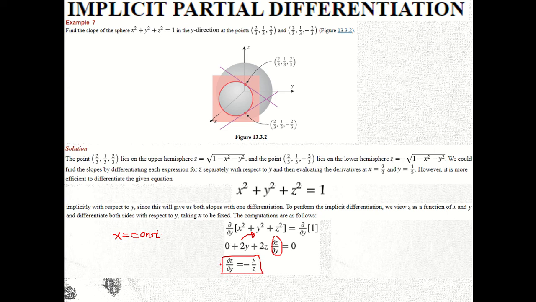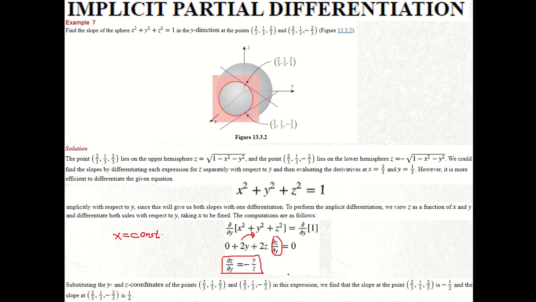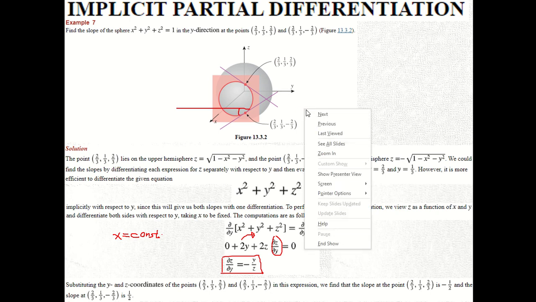So this is actually our slope. Substituting the y and z coordinates of the points, these two points, this one corresponds to this point here.